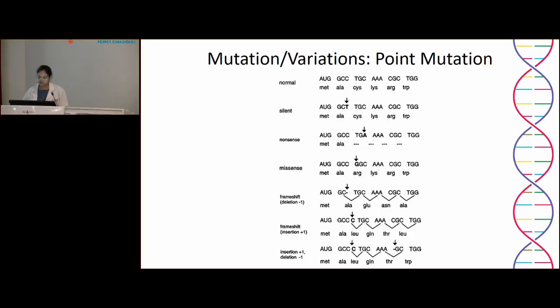Then missense mutation, when a change in nucleotide results in the change of amino acid. And frameshift mutations result from the deletion or insertion that changes the frame of the codons of the amino acids, which may or may not result in an elongated or shorter protein.